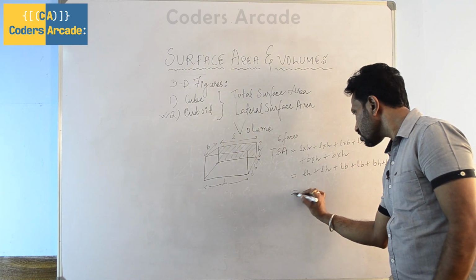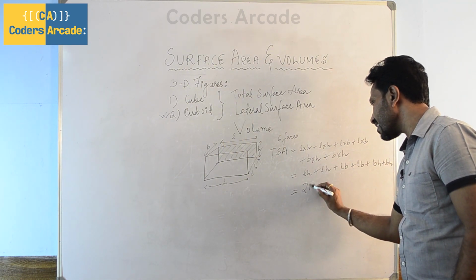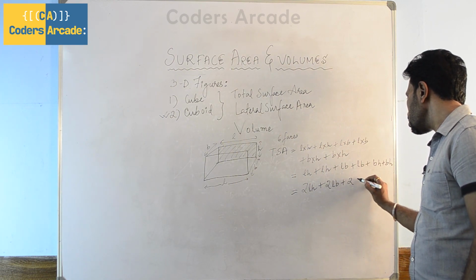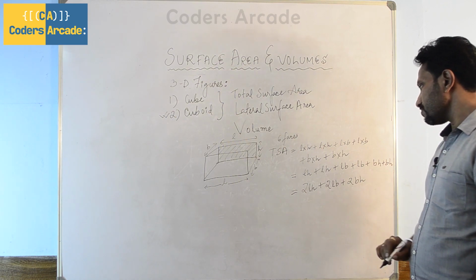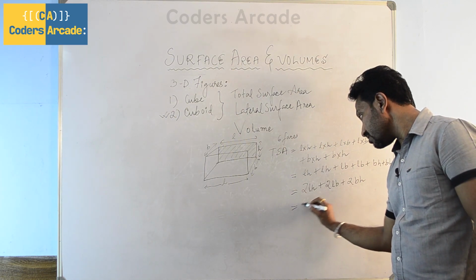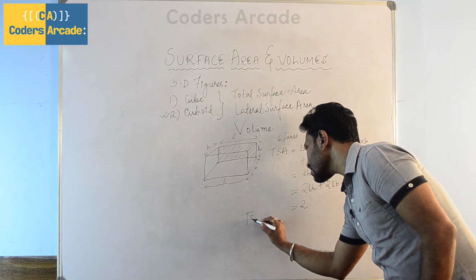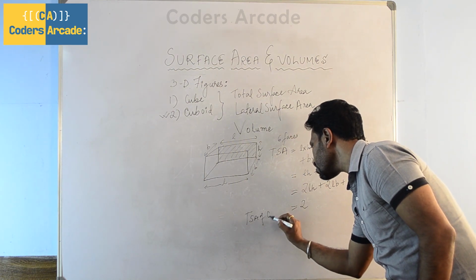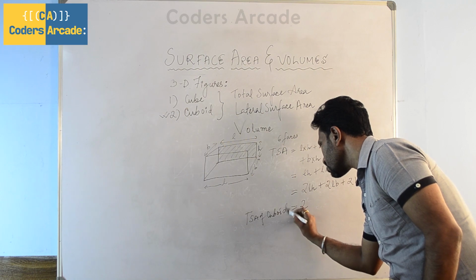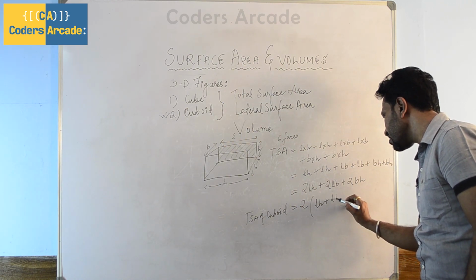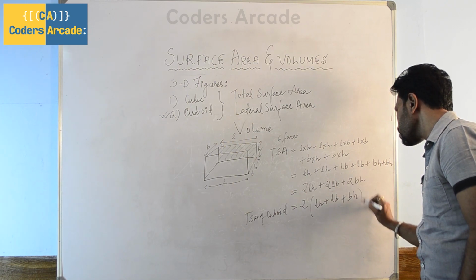Now, LH, LH, 2LH plus 2LB plus 2BH. So we can take 2 common here and finally we will be getting this TSA of cuboid is equal to 2 into (LH plus LB plus BH).